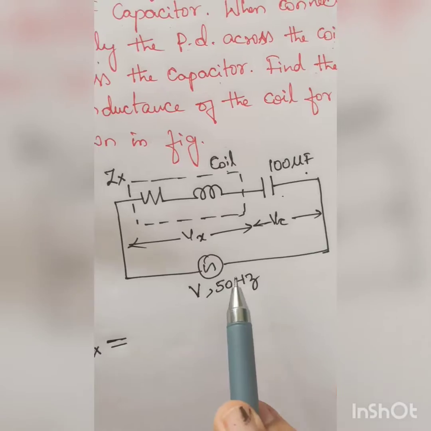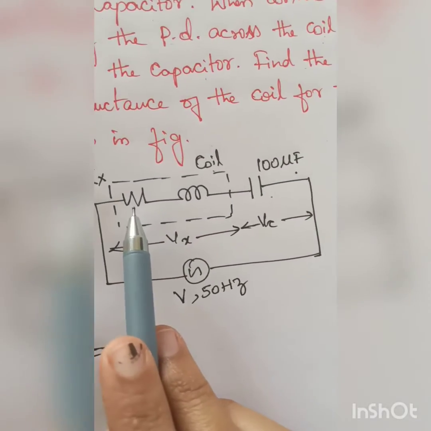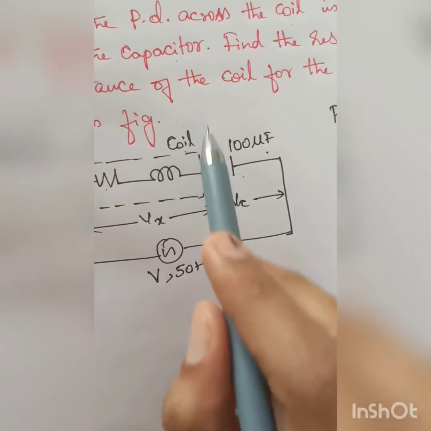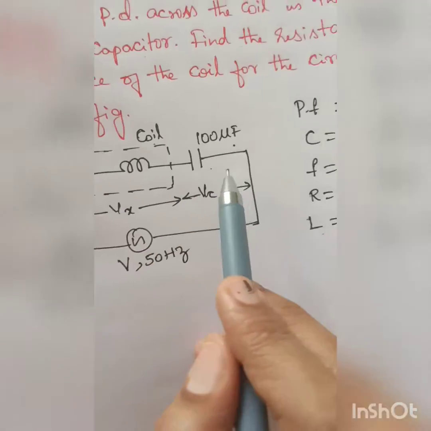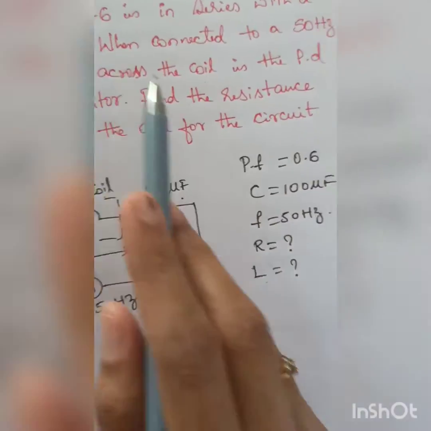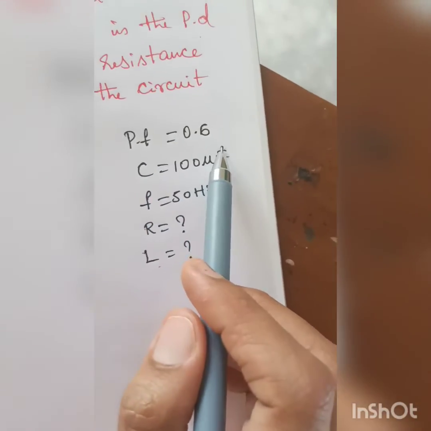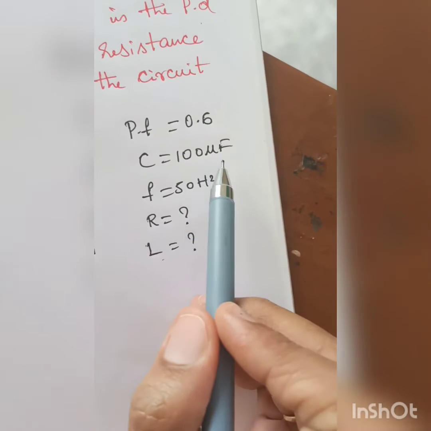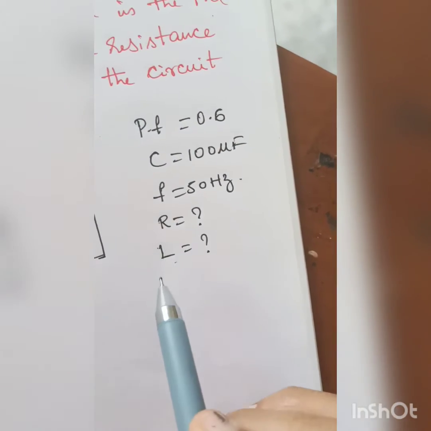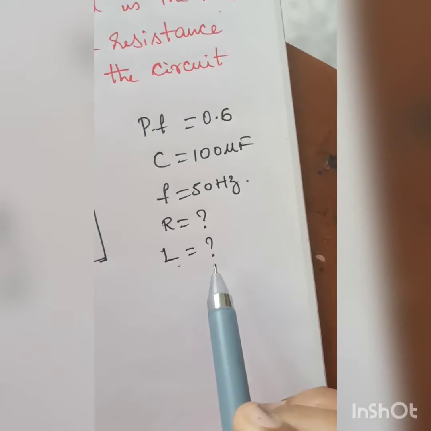So here in this circuit, if you observe, the resistance and the inductance both form a coil, and in series connection with this is the capacitor. And here the power factor is 0.6, capacitance is 100 microfarad, frequency is 50 hertz, and R and L need to be found out.